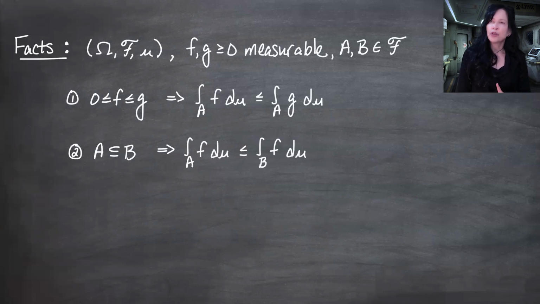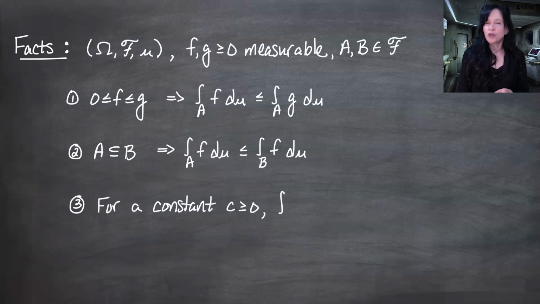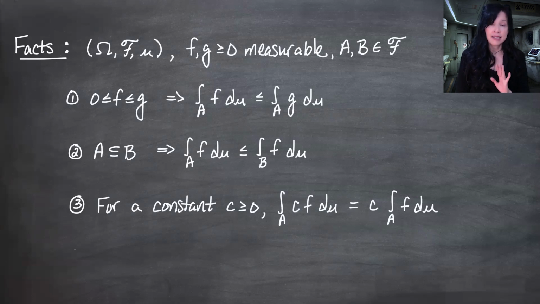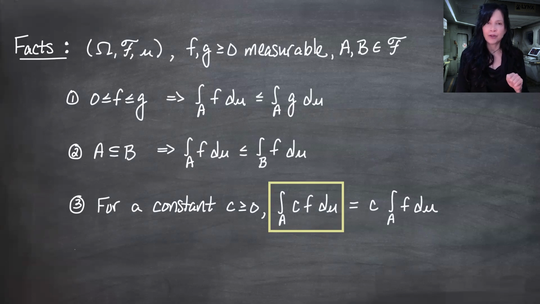The next thing we showed was that for a non-negative constant c, you can pull c inside and outside of this so-called Lebesgue integral. Now, this certainly holds for any real c. It does not have to be greater than or equal to 0, but I say greater than or equal to 0 at this point because we do not know how to do this integral, the left integral, if the integrand is negative.